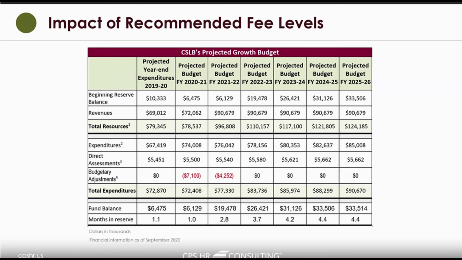So that information was incorporated in our final fee costing to arrive at the recommended fees, as was in FY 21-22, that 4.2 million reduction in expenditures having to do with employee salaries. It was also incorporated in this final analysis. And so then again, as you can see, the months in reserve there at the bottom line, same as the last chart, essentially, the board would see a gradual increase in their fund over time, all the way through 25-26.